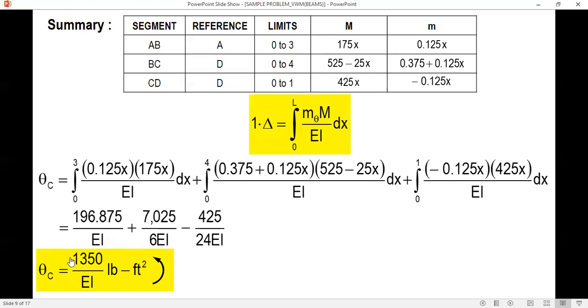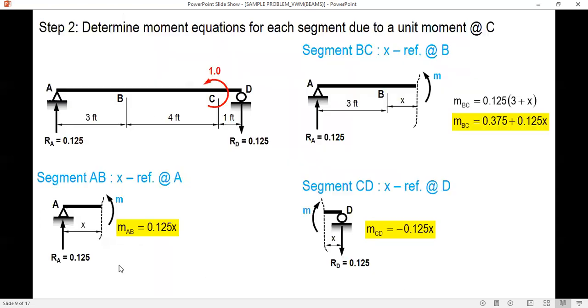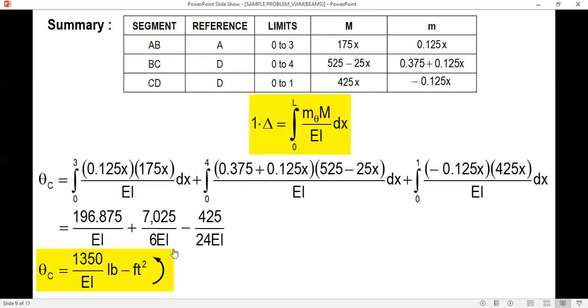Since it is positive, it means counterclockwise. Okay, so that's it. These are the answers for the deflection at B and the slope at C.